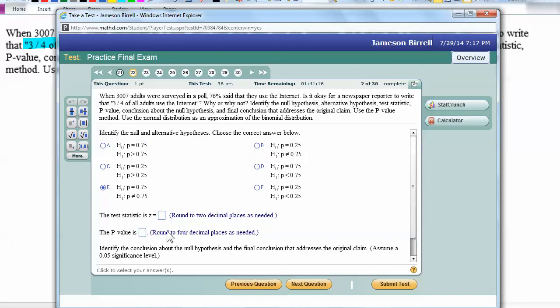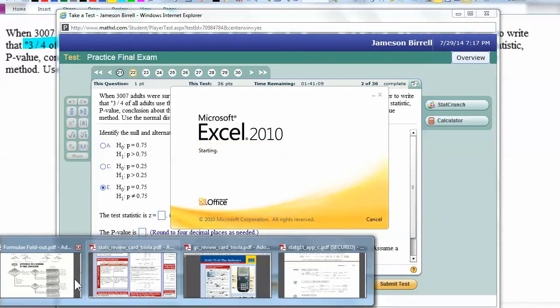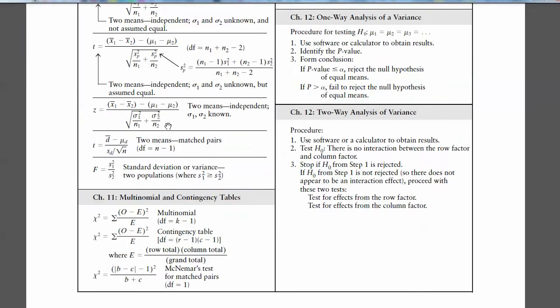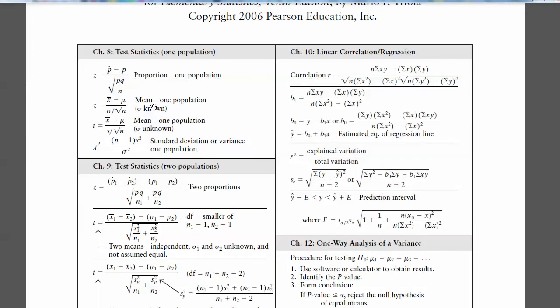Okay, the test statistic. The test statistic is determined, and that also doesn't have to be memorized. It's all here, chapter 8. You're doing a proportion, one population.